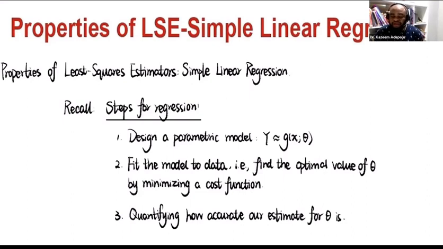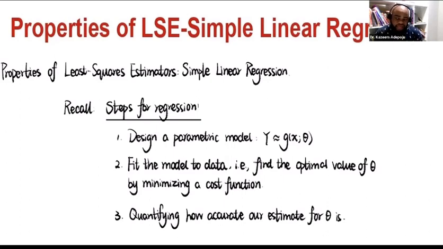So the essence of investigating the properties of an estimator is to be able to investigate how valid the estimator is. When we talk about the properties of an estimator, we ask: is it unbiased? That's number one that we need to show. Number two, does it have a minimum variance?